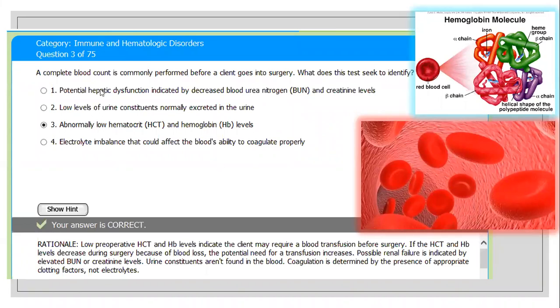So if the complete blood count is low, meaning a low red blood cell count, low hemoglobin or low hematocrit, it indicates the patient has anemia. A high red blood cell count may indicate an underlying disease such as polycythemia vera or a heart problem.